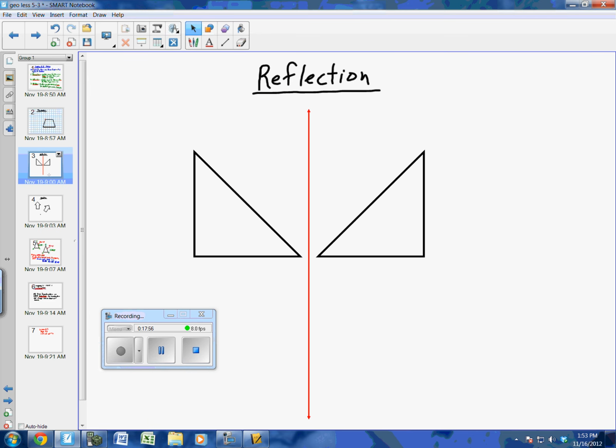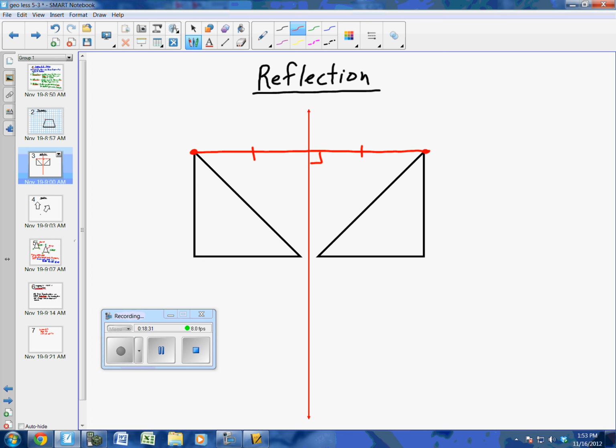Okay? A reflection usually has what we call a line of reflection. This red line is the line of reflection, and it's kind of like a mirror image. Usually, points are always perpendicular. If you draw a line from one point to its reflection, it's a perpendicular line with the line of reflection, and this half is congruent to this half right there.